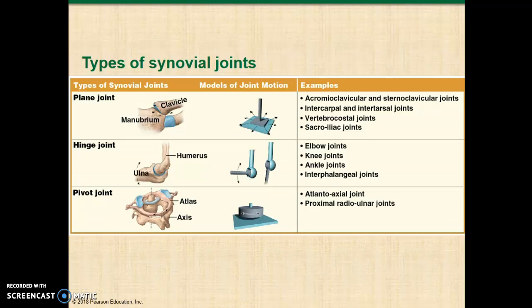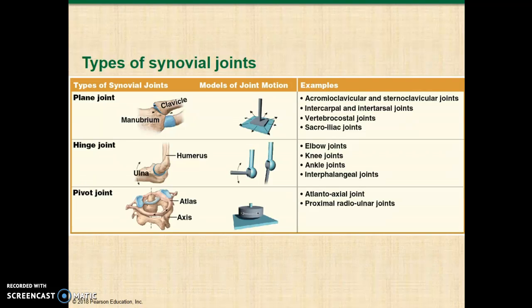So we'll look at the different types of synovial joints and know an example of each type. A plane joint between the clavicle and manubrium. A hinge joint, a common joint, your knee or your elbow.